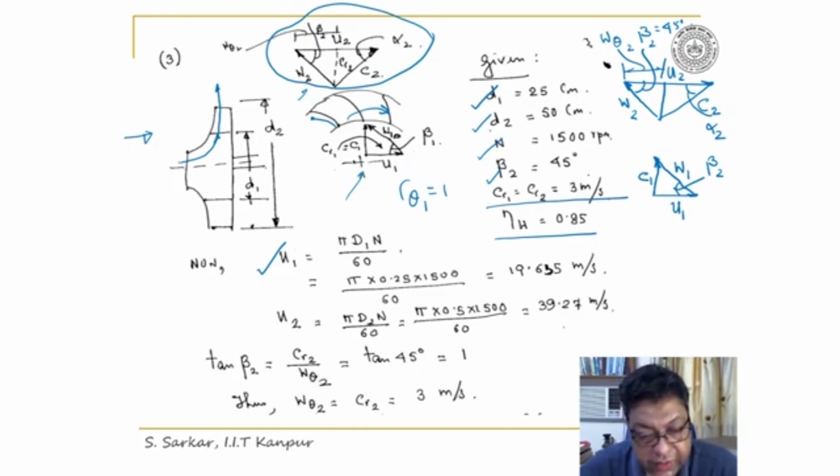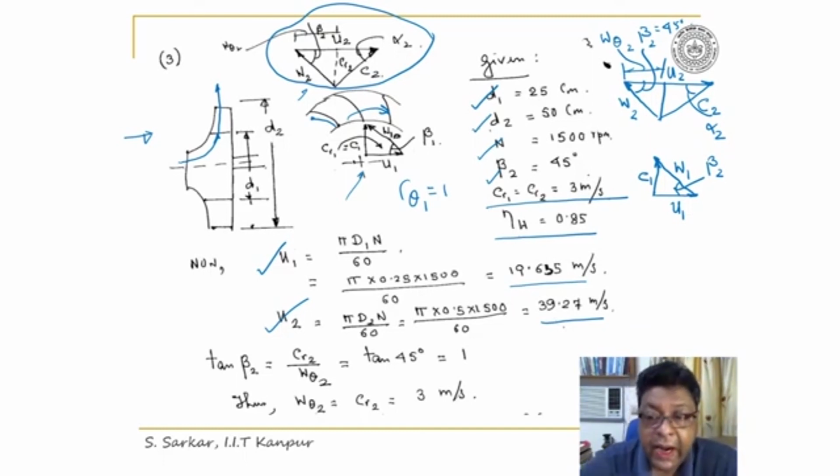If you do all these things, I'll get U1 as 19.635 meter per second. Similarly, you can calculate U2 as pi D2 N divided by 60, where D2 is 50 centimeter, that is 0.5 meter, and I'll get U2 as 39.27 meter per second.